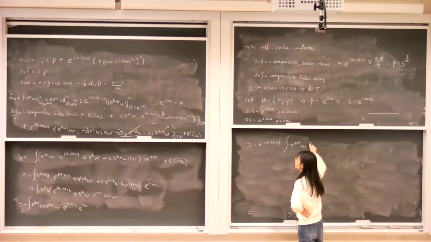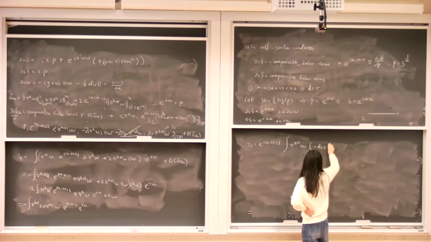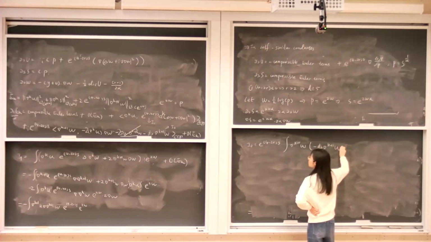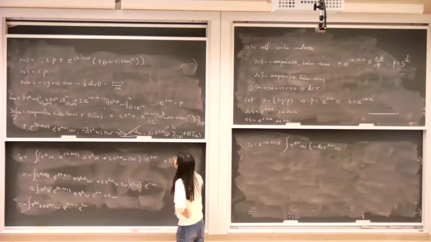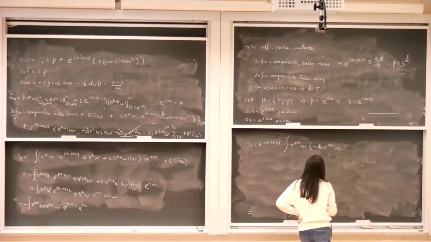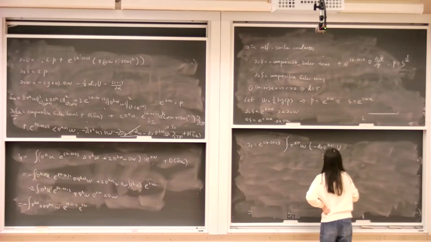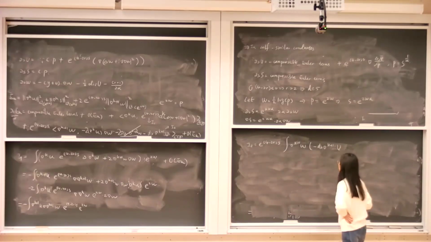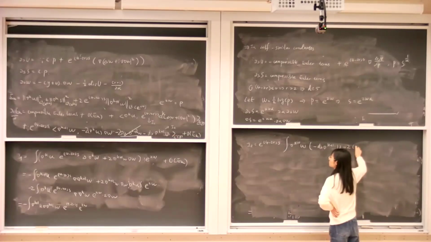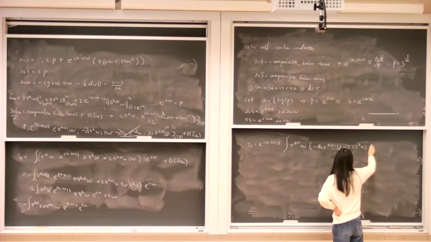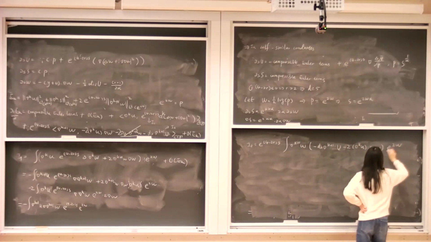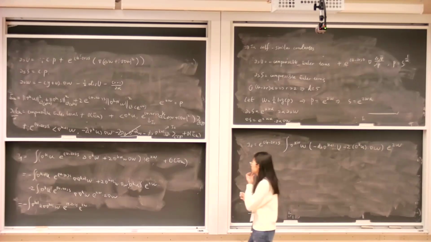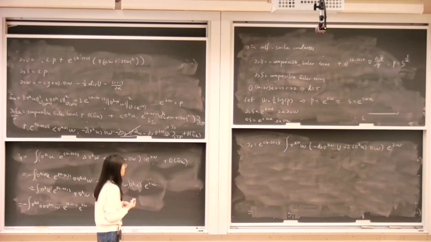W. Negative divergence. Oh, sorry, this is U. So how do you control this part?